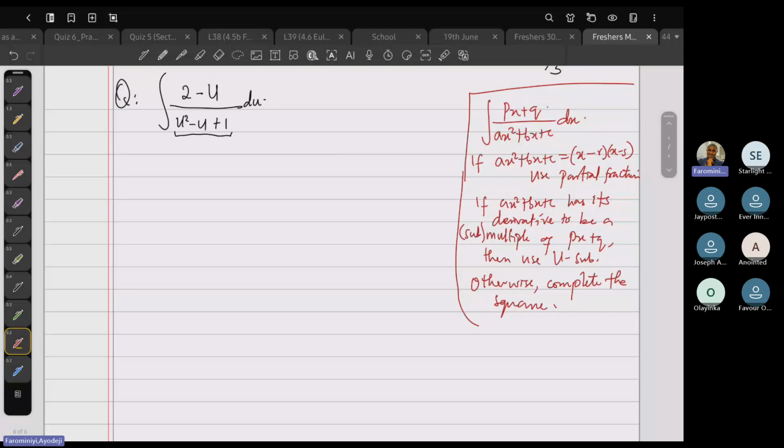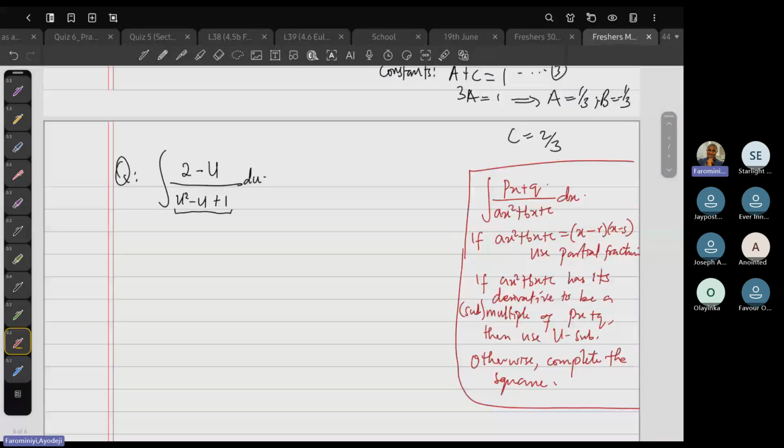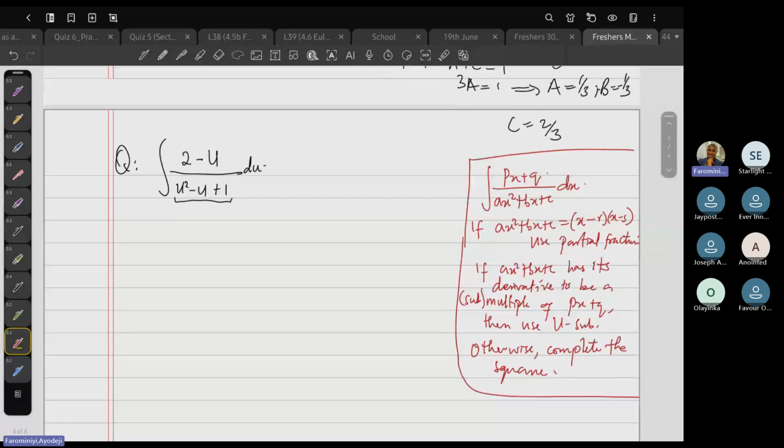I like this question because it has shown us different angles of integration. So what do I mean by complete the square? Do you still remember completing the square that you did in SS2 general mathematics, not further maths?